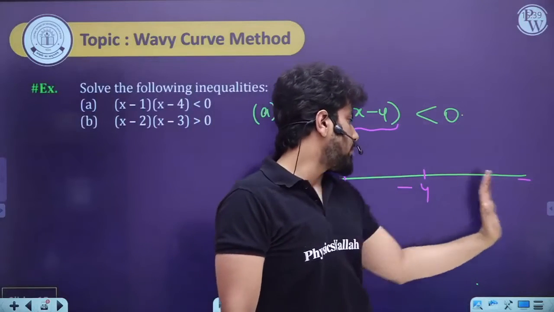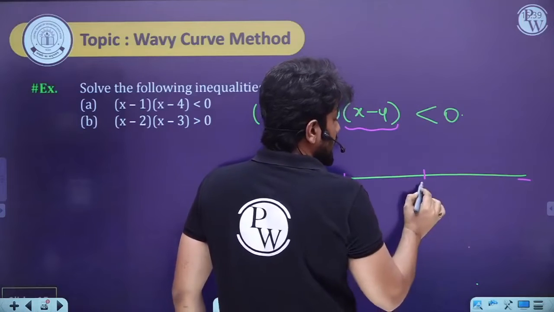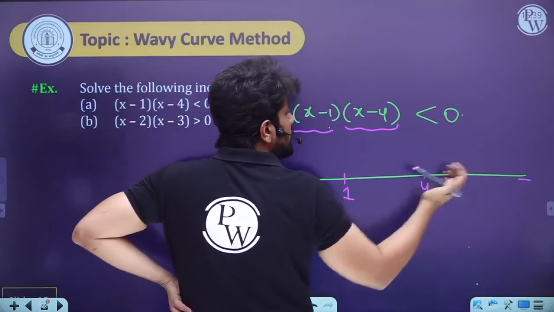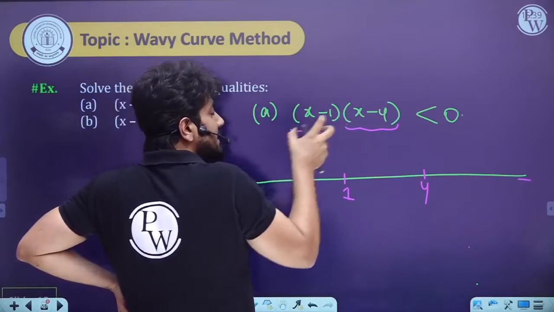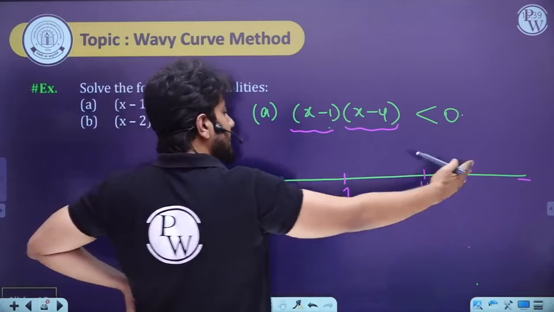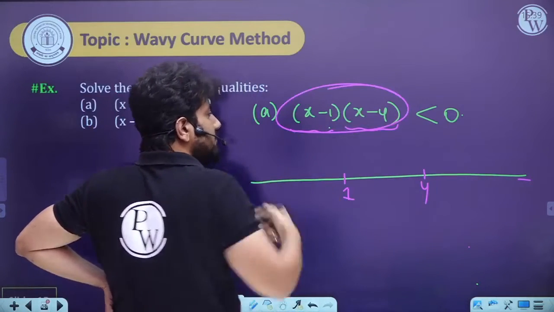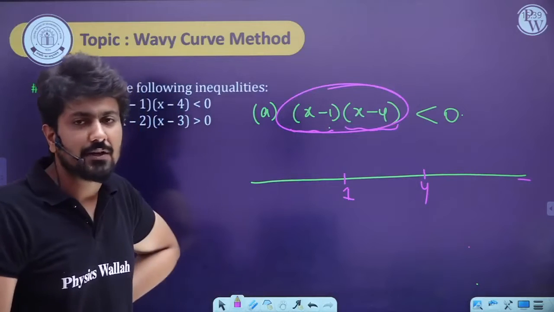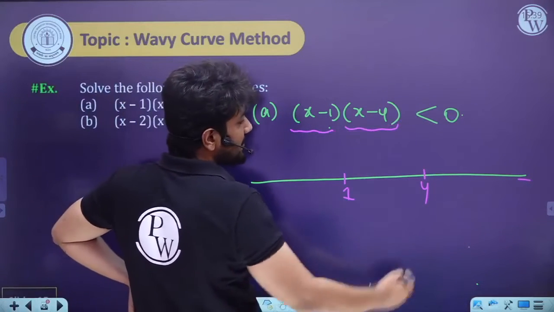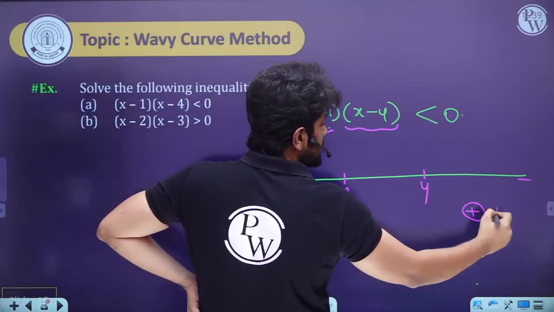What can we say about greater than 4? If I put any value of x which is to the right of 4, am I getting a positive sign or a negative sign of their product? Of course, I will be getting a positive sign, because to the right of 4, both the factors are positive.